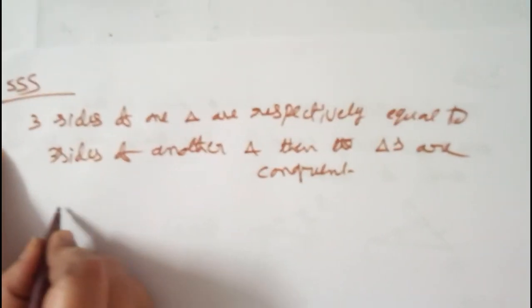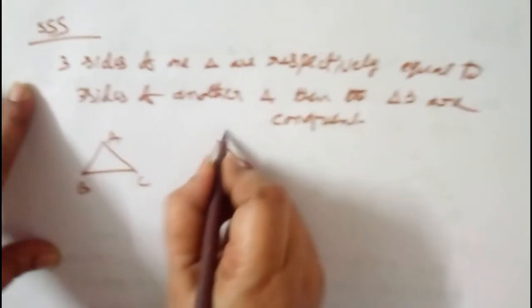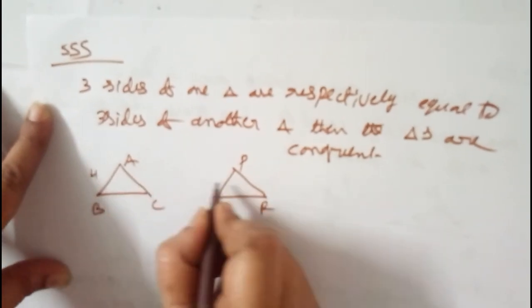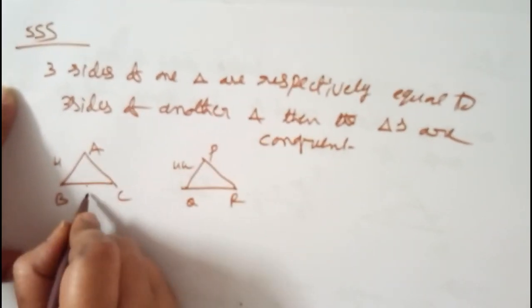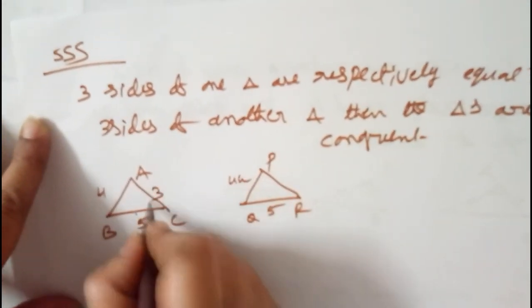Let us consider an example. Triangle ABC, triangle PQR. Here suppose AB is 4 centimeters, PQ also 4 centimeters. BC is equal to 5 centimeters, QR also 5 centimeters, AC 3 centimeters, PR 3.